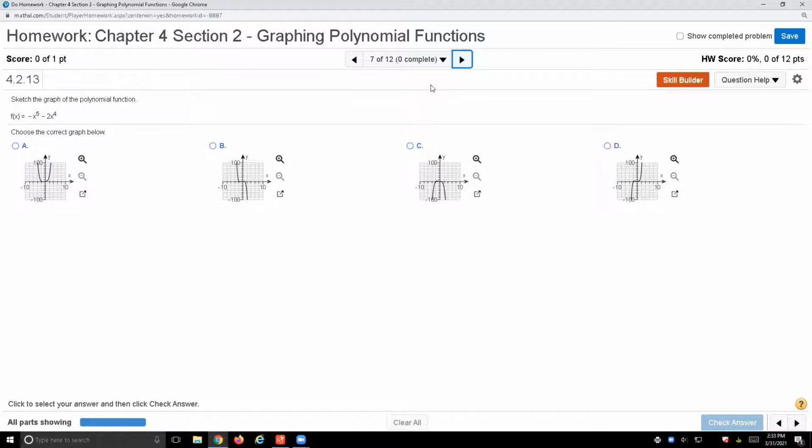So both ends point in opposite directions, so it can't be A or C. And it goes down, so it's decreasing. It can't be A, since that's increasing, so it has to be B.